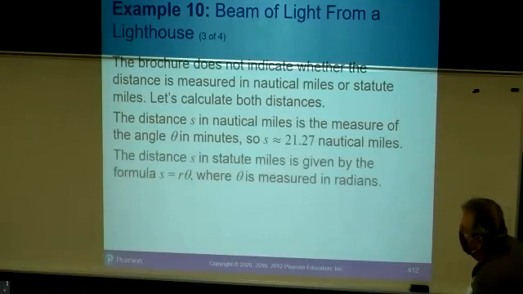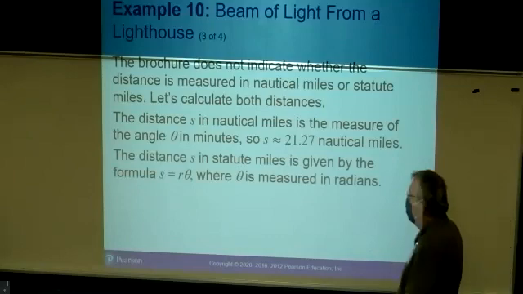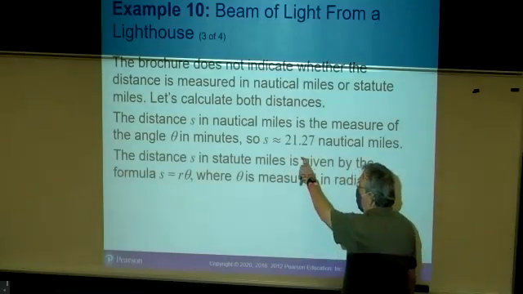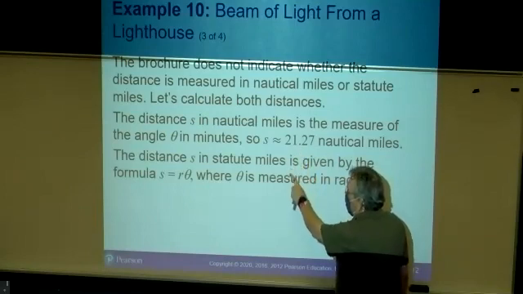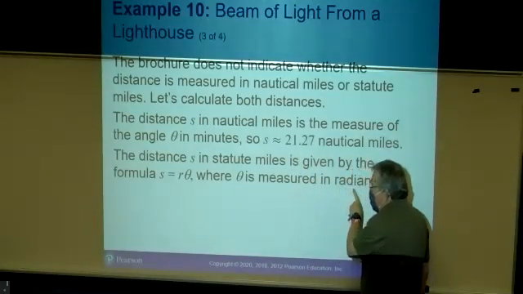The distance in statute miles is given by the formula S equals R theta, where theta is measured in radians. So we convert the angle in degrees to radians.